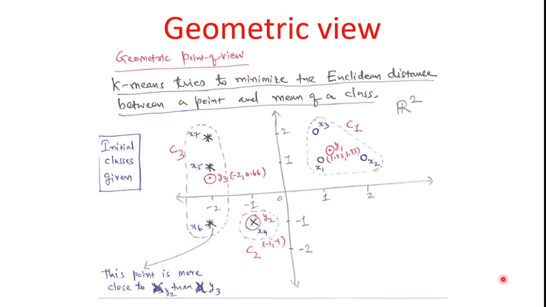Fine. So in the geometrical view, here is how the data points and the means will look. For the first cluster, the mean is 1.3 comma 1.3. For the second cluster, it is minus 1 comma minus 1, the same data point. And for the third cluster, mu3 is equal to minus 2 comma 0.6.